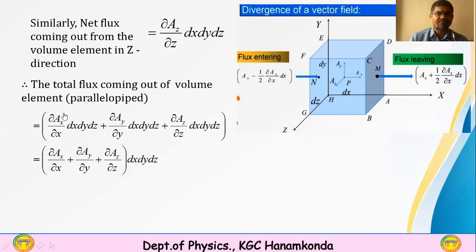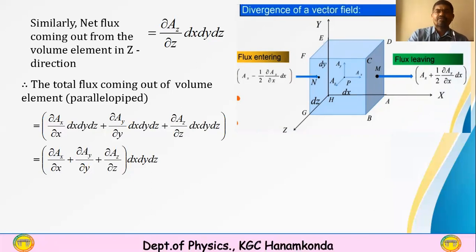This is the total flux from the parallelepiped. Here dx dy dz is common in all three terms, taking it out, therefore (∂Ax/∂x plus ∂Ay/∂y plus ∂Az/∂z) dx dy dz. This is the total flux coming out of the volume element.